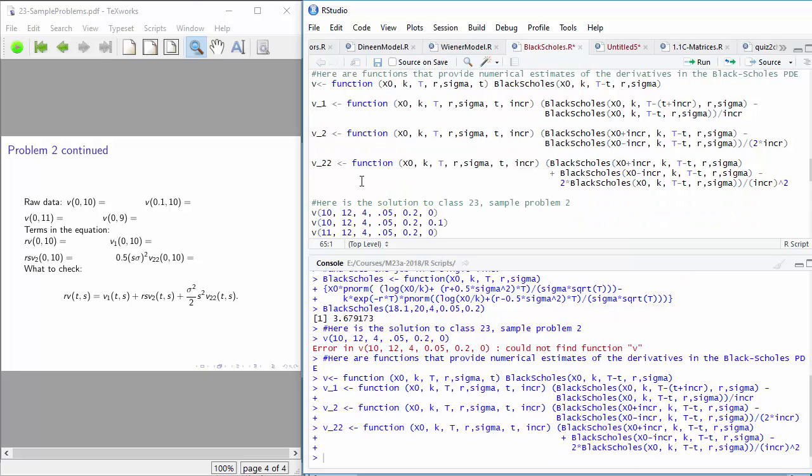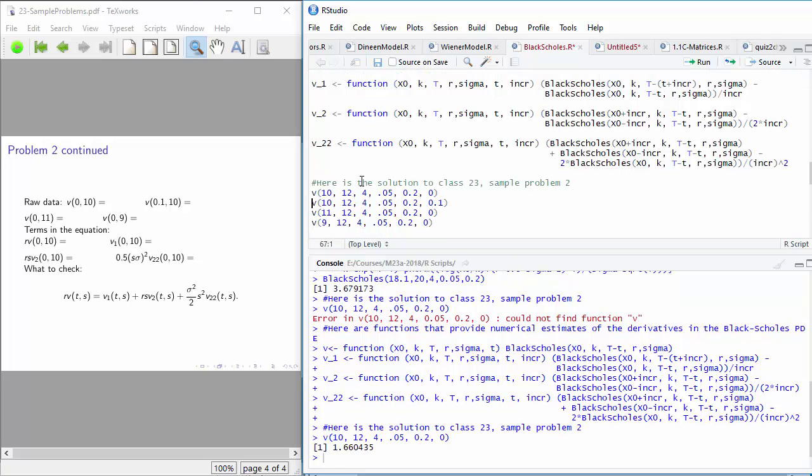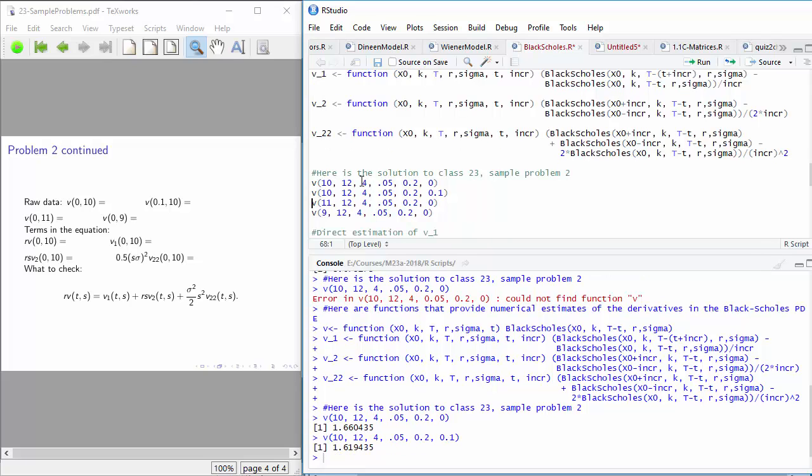Okay, now we can get the numbers we need. So the first one is the value when t equals 0. The second one is the option value a little bit later when t is equal to 0.1. And you can see by looking at the numbers at the bottom that in that case the option value goes down as a function of time.